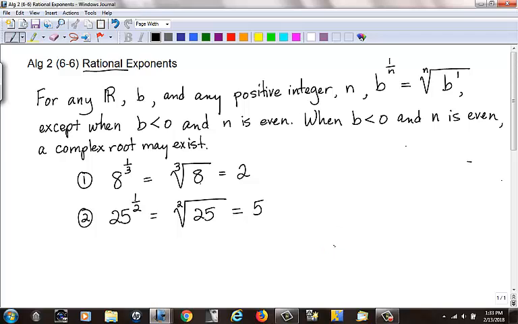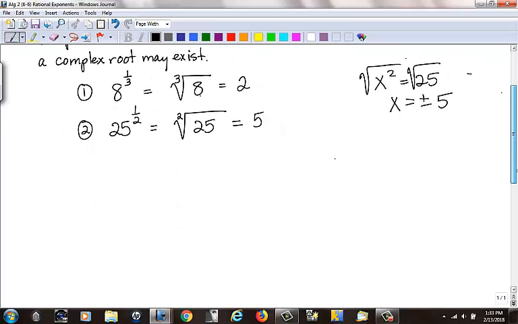If they put x squared equals 25 and took the square root of both sides, then they're considering positive or negative. But if it's just the square root of 25 by itself, they're considering the principal nth root, and their answer would be just 5.